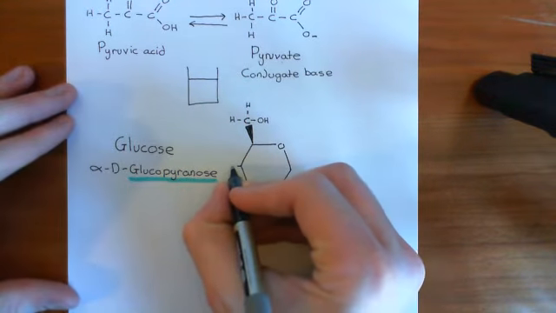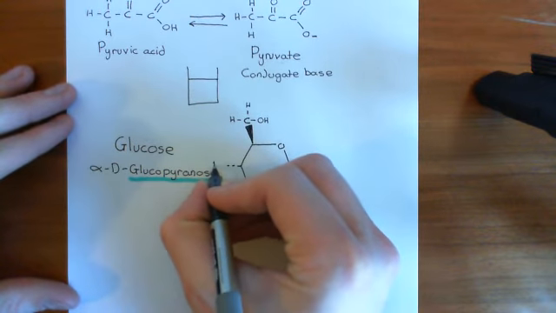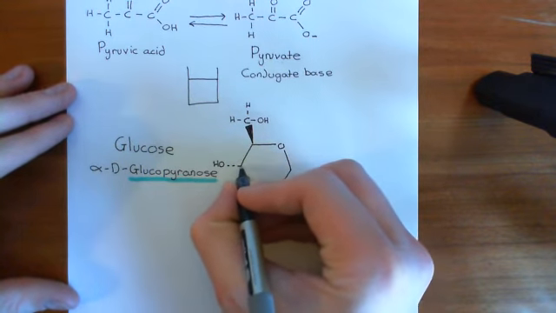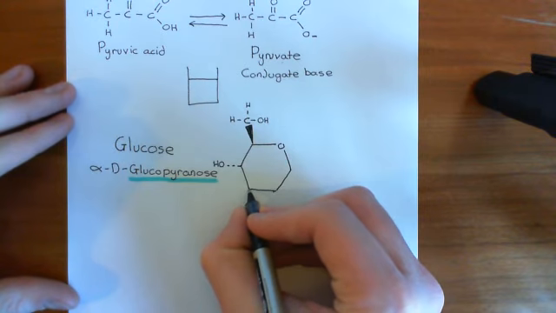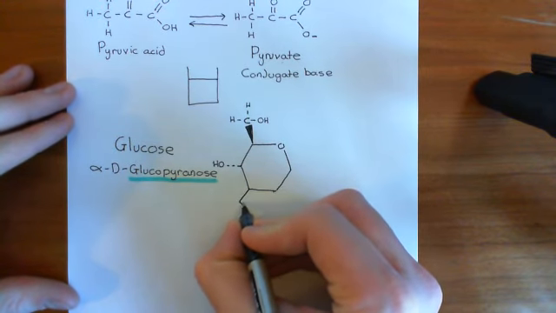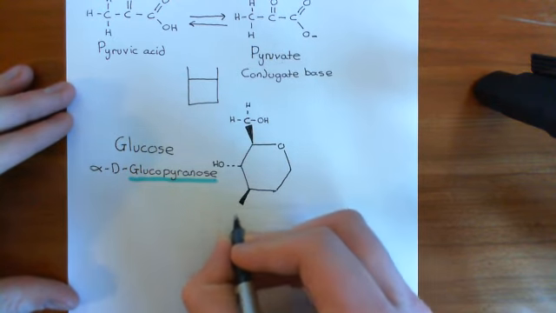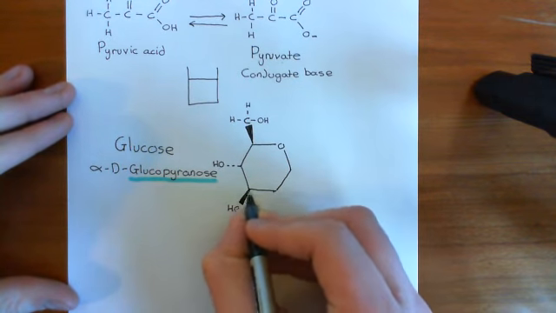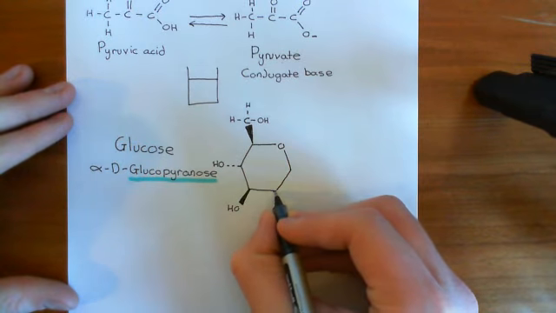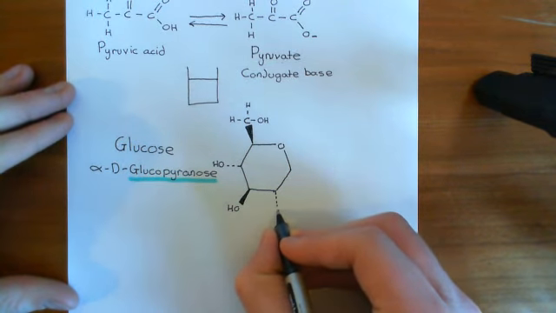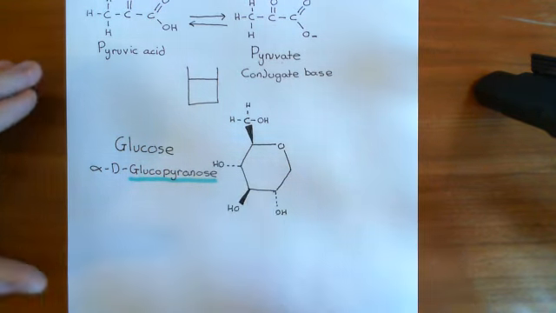Now, in glucose, this is set. So the alcohol group goes into the page away from us off this 4th carbon. Then the alcohol group comes out of the page towards us on this third carbon over here, and the hydrogen therefore goes into the page away from us. And then finally on the second carbon, the alcohol group goes into the page away from us.